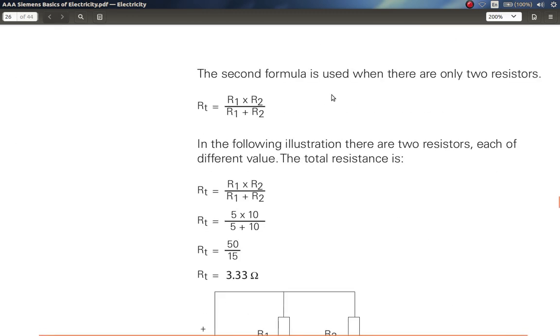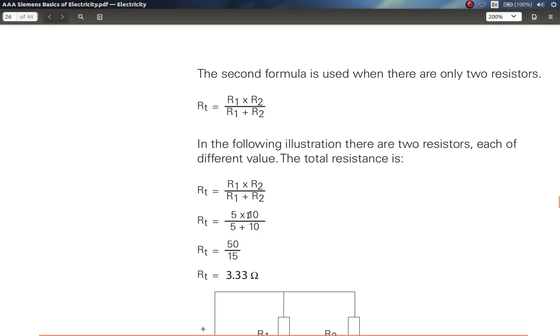The second formula is used when there are only 2 resistors. RT is R1 times R2 over R1 plus R2. That's product over sum when you have two resistors. In the following illustration, there are two resistors, each of different value. The total resistance RT is the product over the sum, 5 times 10 over 5 plus 10.